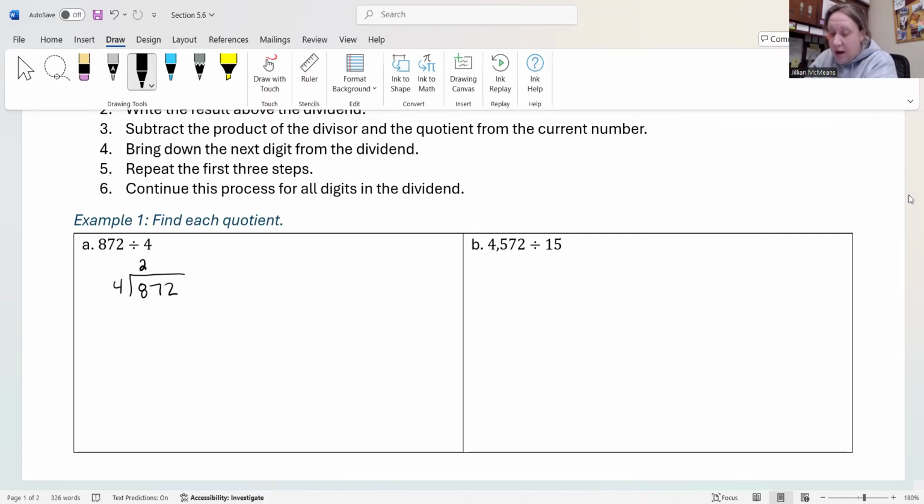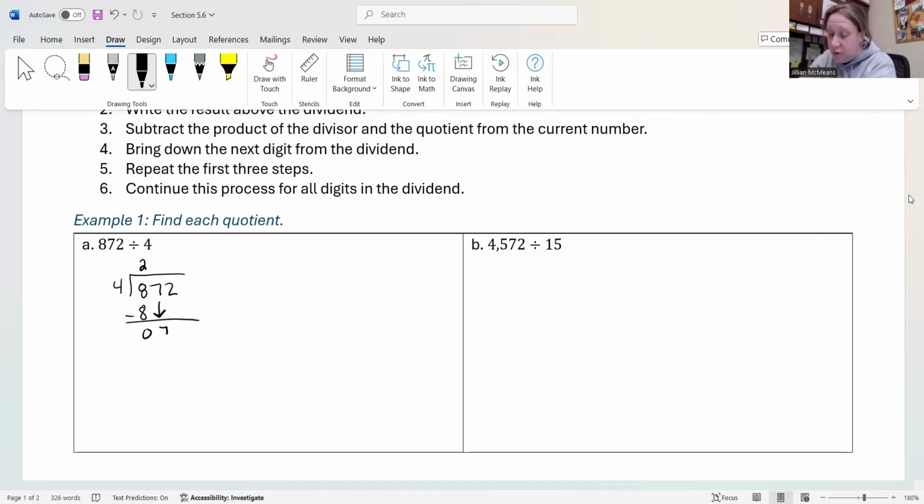Now I take the number I've put in the quotient, multiply it by the divisor, and subtract it from that first digit of the dividend. 2 times 4 is 8, so I subtract that from 8. I get a 0, but I have digits left, so I drop down the next digit, which is a 7. Once I drop something down, something has to go in the quotient, so I repeat the process. How many times will 4 go into 7?